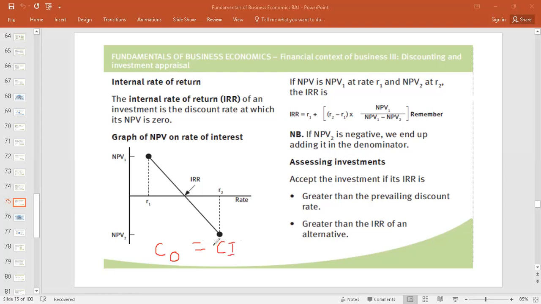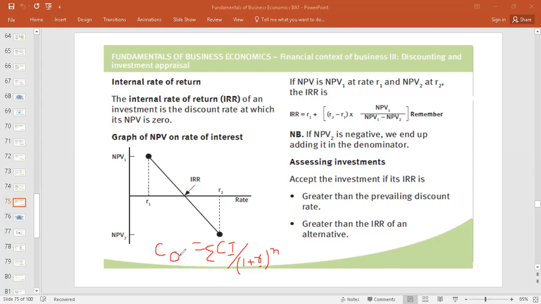We call it 1 plus K or R, whole to the power of N. Each of these cash flows is discounted at a discount rate to the power of N. The sum total of the discounted cash inflows, at what rate do they become equal to the cash outflow? They become equal to the investment amount. That is what we are trying to find out.